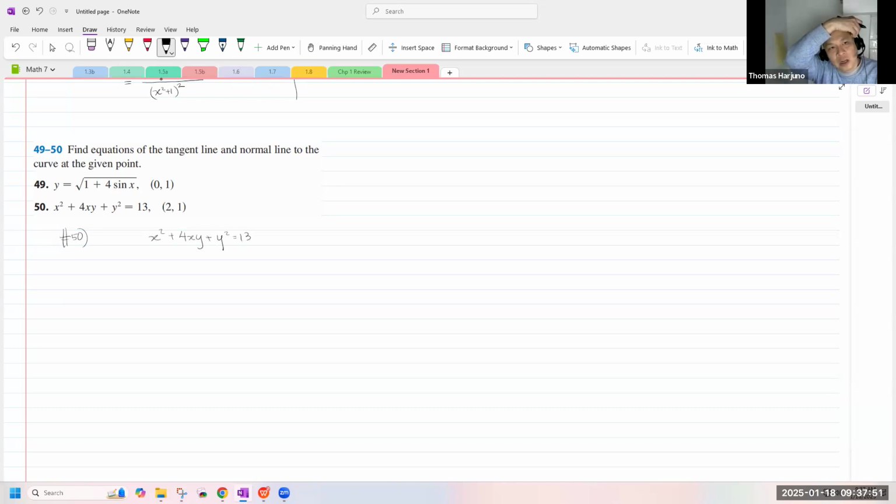This is a tilted ellipse. I expect this to be an ellipse, but apparently because the coefficients are the same, this is just a circle then. Huh. But maybe not. I don't know. Should I try to graph it? Let me try to graph it.